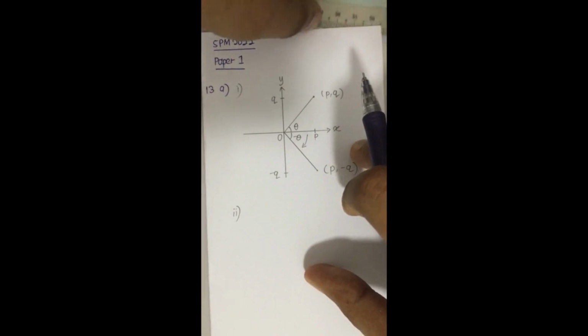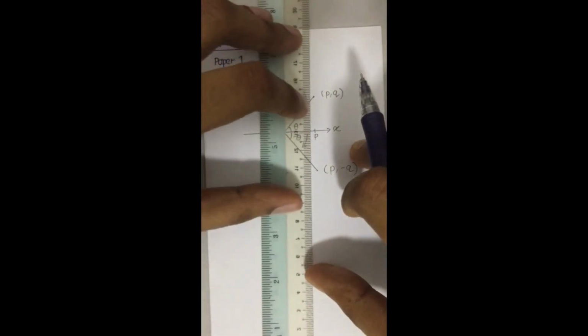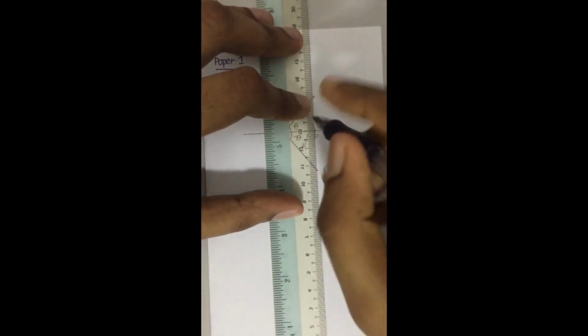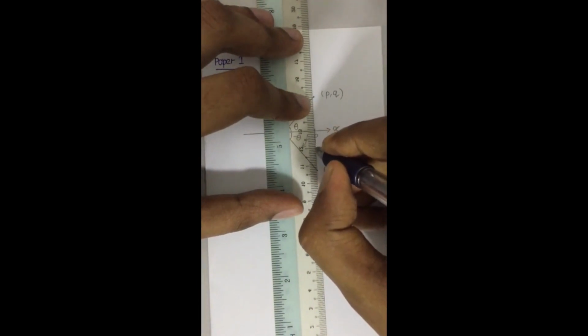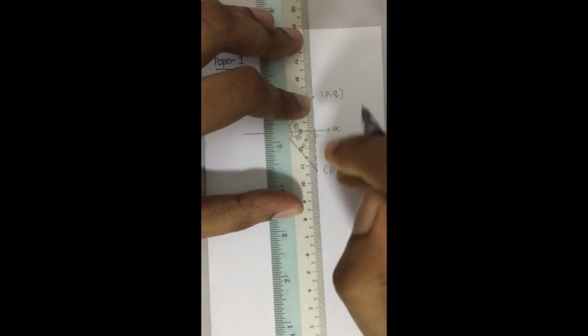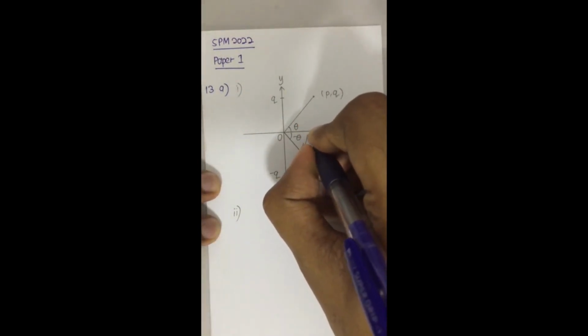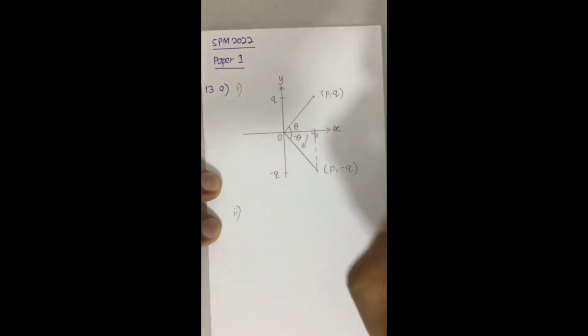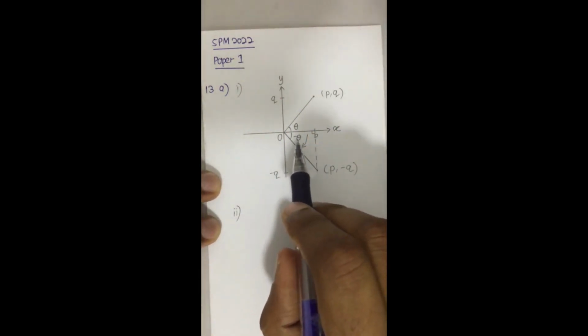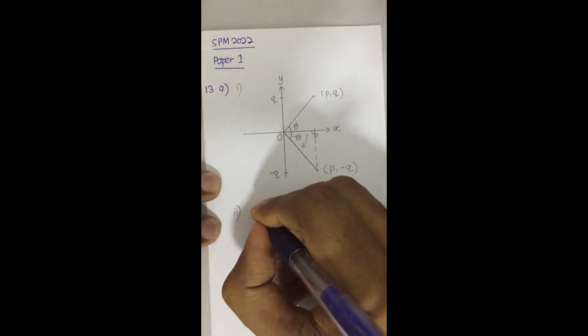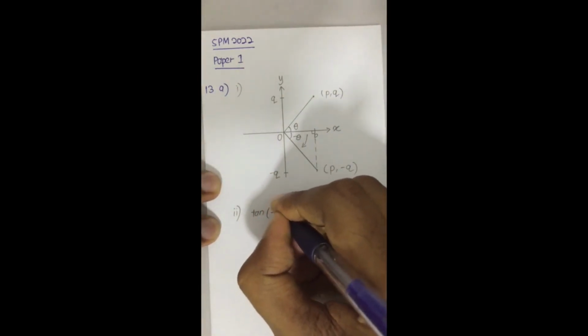If you can't imagine this, let me help you by drawing the dotted line so you can see it clearly. Let me just draw a small 90-degree angle.